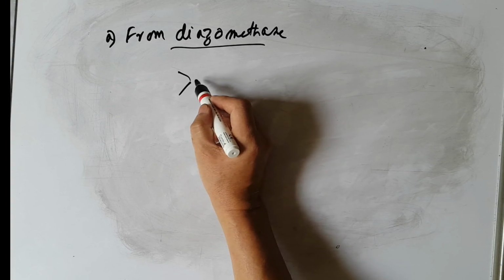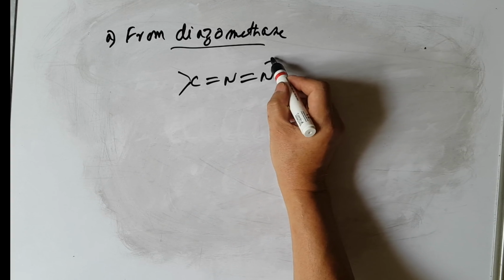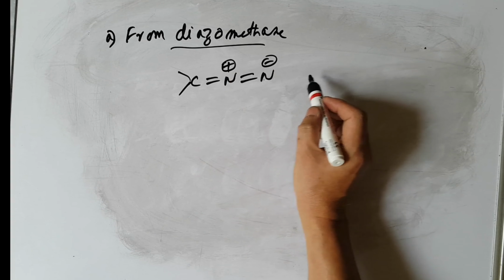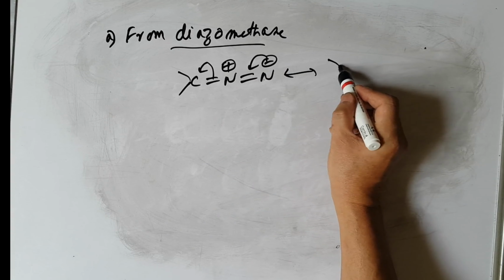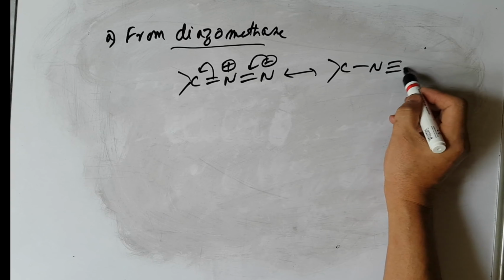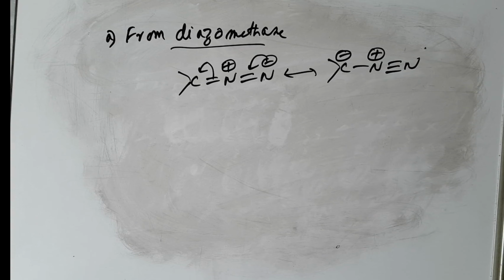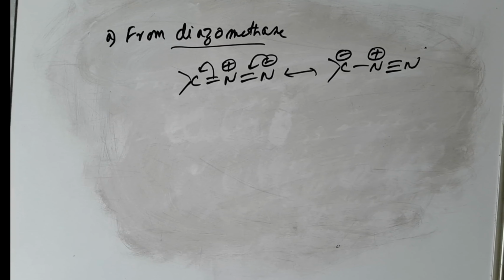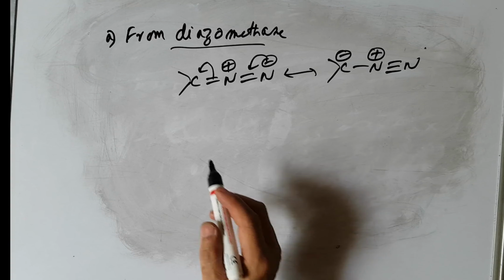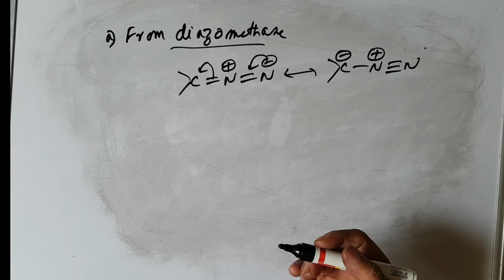You can draw diazomethane like this, or with a positive charge and a negative charge like this. Diazomethane, just by heating or by photolysis, can generate carbenes.